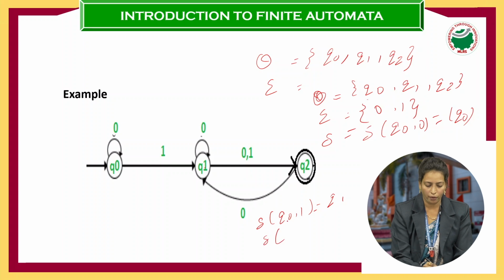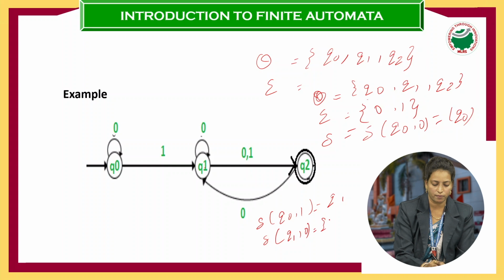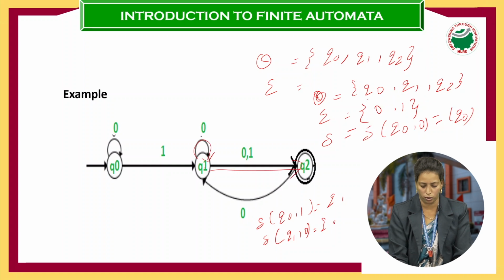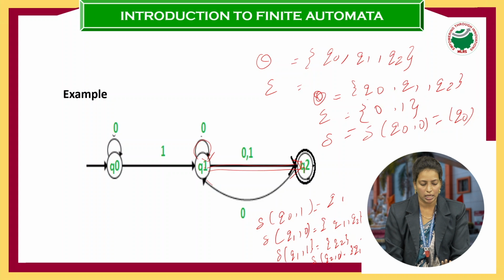Next, delta of Q1 of 0, it moves to Q1 and also Q2, so Q1 comma Q2. Next, delta of Q1 of 1, it moves to Q2 only. Next, delta of Q2 of 0, it moves to Q1. So this is the sample example to represent 5 tuples.